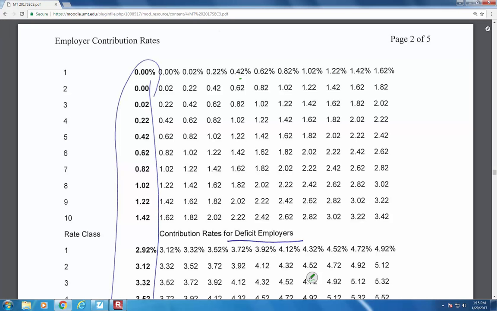It's 0.82. But if you're graded a class 7, which I'll explain in a second, and things are not looking good, and we've got a 10 schedule posted, your SUTA rate's going to be 2.62%, right? So really what this is telling you is right now, Montana's basically in full employment, right? We got a ton of money, and we're pretty flush, and so they're not going to be taxing employers very harshly right now because there's no need to.